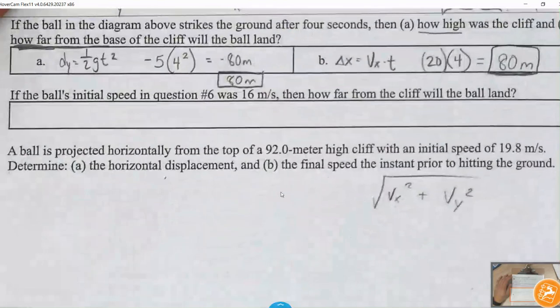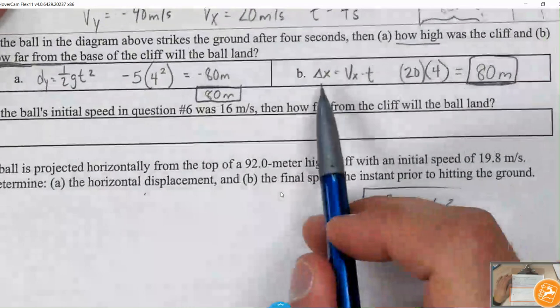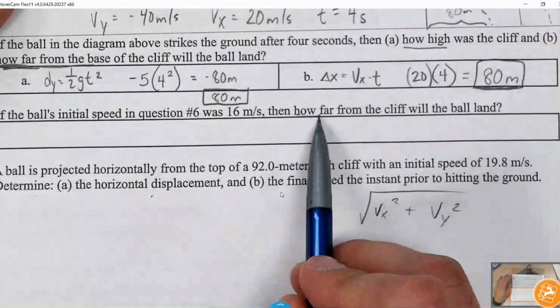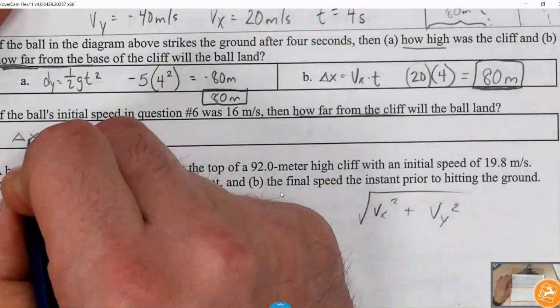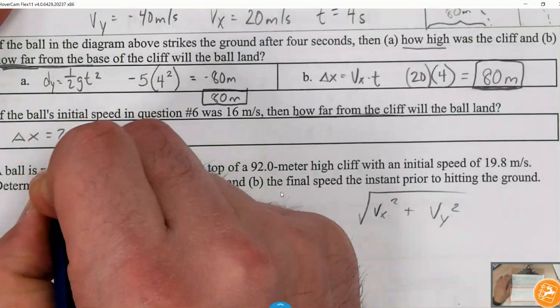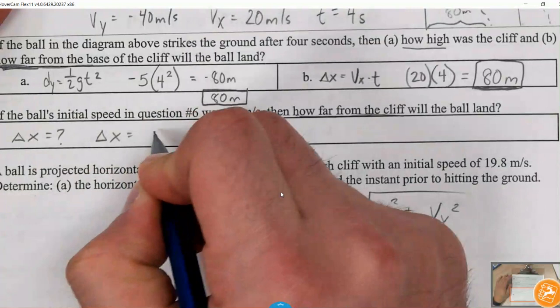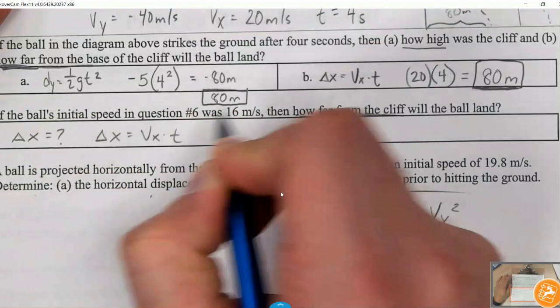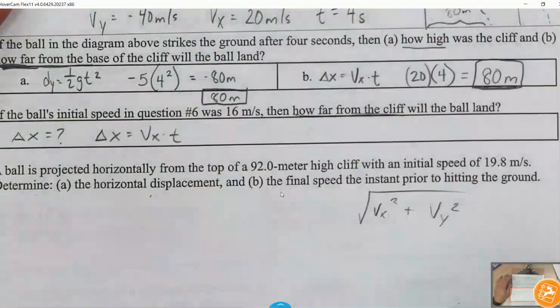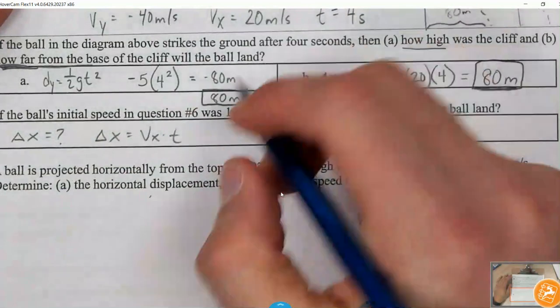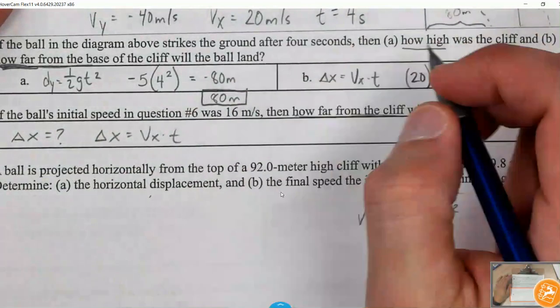So all you needed to do in this one is, again, they're looking for how far from the cliff. So they want delta x. Delta x would be equal to Vx times time. Since we're still launching it off the same cliff, time is still going to be 4 seconds.